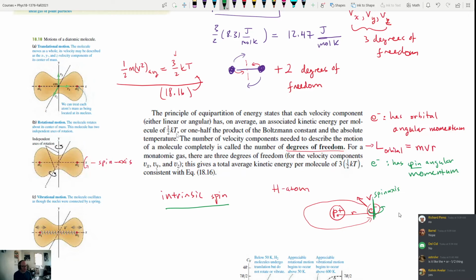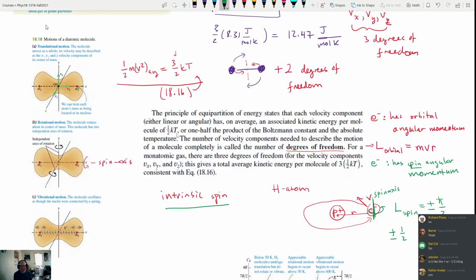And it turns out that for the intrinsic spin, this is the part that's really crazy, the spin angular momentum for the particle actually always comes as plus or minus h bar divided by 2. Or usually it's referred to as plus or minus 1/2 spin. We don't worry about the h bar. In fact, in a lot of unit systems, like the ones that I worked in, we basically set h bar equal to 1.